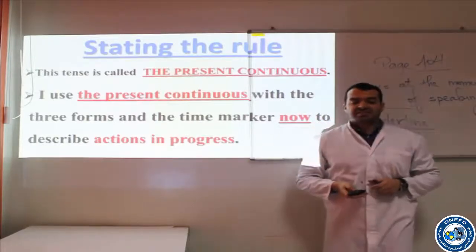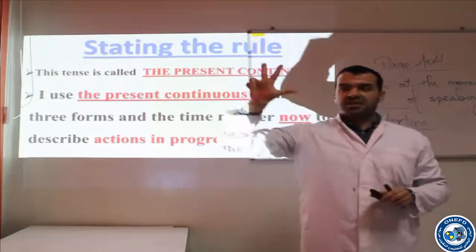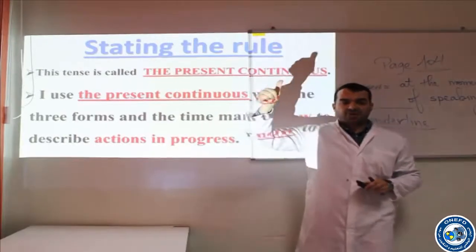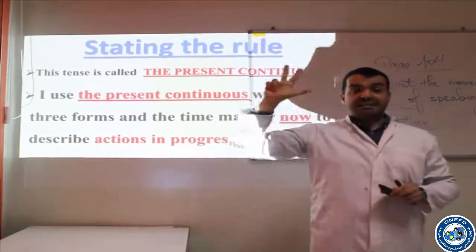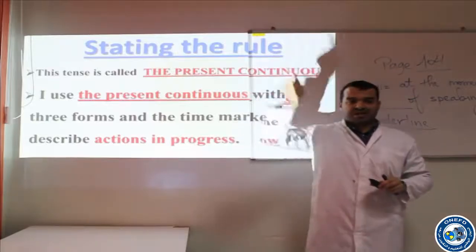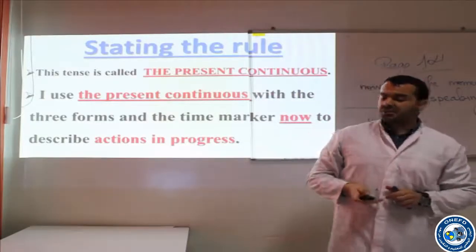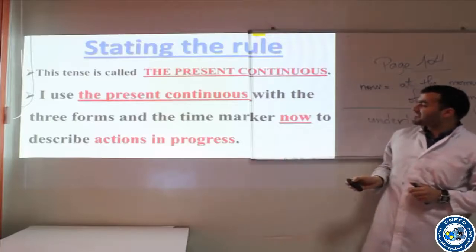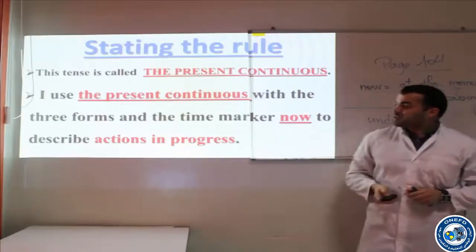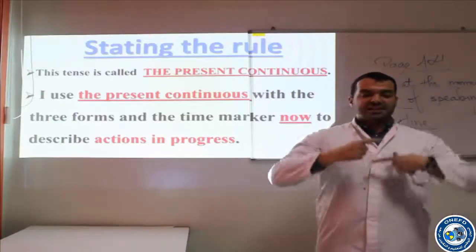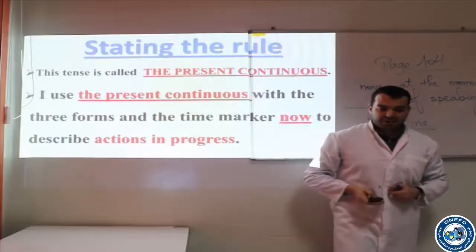I use the present continuous with the three forms: affirmative form, negative form, and interrogative form, when you ask, for example, a question. And the time marker now. We use it with the time marker now to describe actions in progress. So, I repeat again.